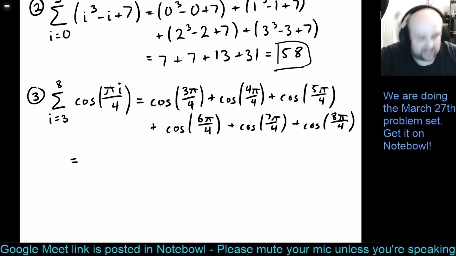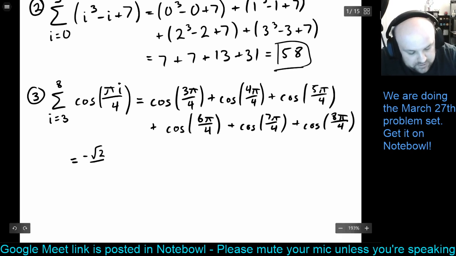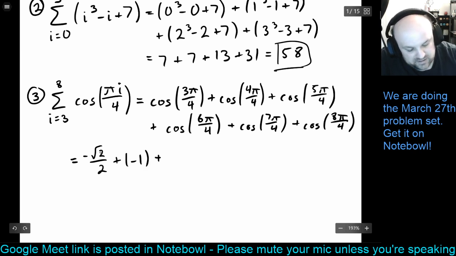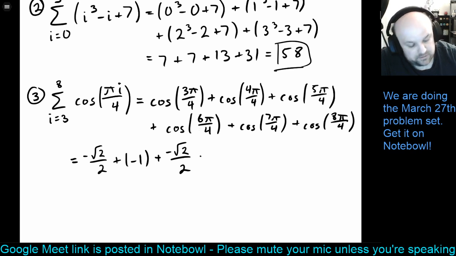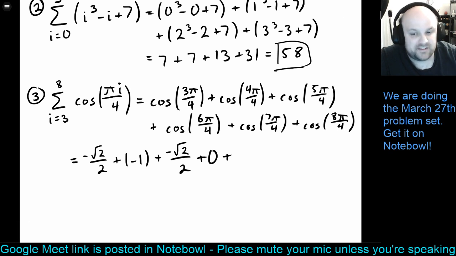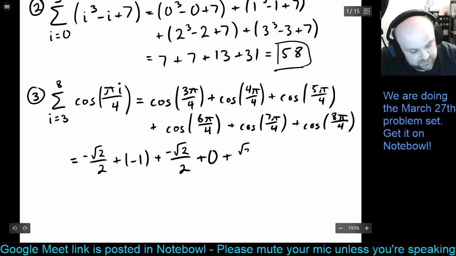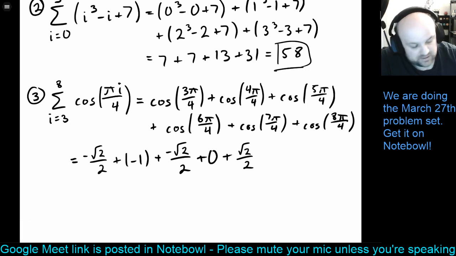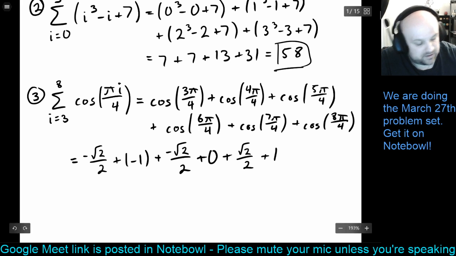Let's see, cosine is negative over there, so this is negative root 2 over 2. 4 pi over 4 is just pi, so this is negative 1. 5 pi over 4 is going to be the same as this. 6 pi over 4 is 3 pi over 2, so it's 0 there. 7 pi over 4, cosine is positive in the fourth quadrant, so this is just root 2 over 2. And 8 pi over 4 is 2 pi, so this is just 1.